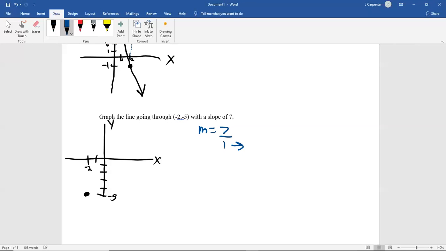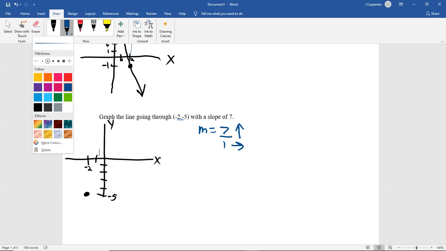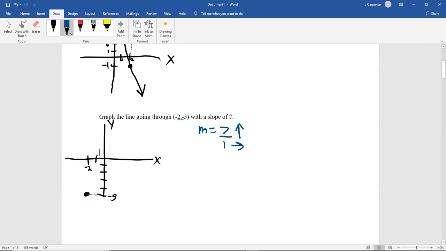And then the 7 in the top tells us how far up or down to go, but since it's positive, it's going to be up. So from any point on the graph, we can go right 1 and up 7, or up 7 and right 1, and we'll get another point. So let's try it out. If I go right 1, I'm starting at -2, so I end up at -1, and then we're going to go up 7.